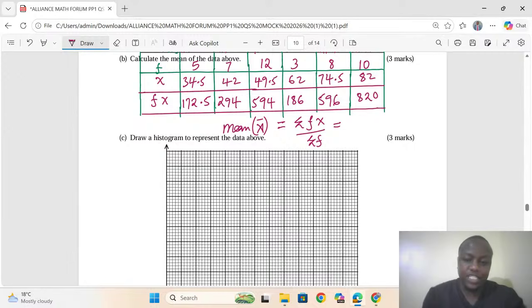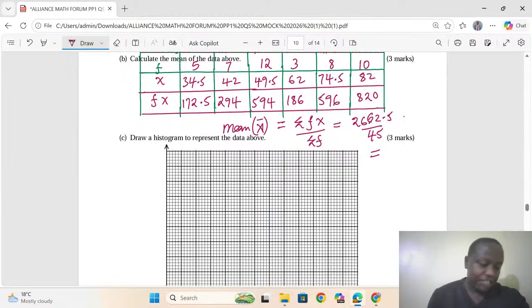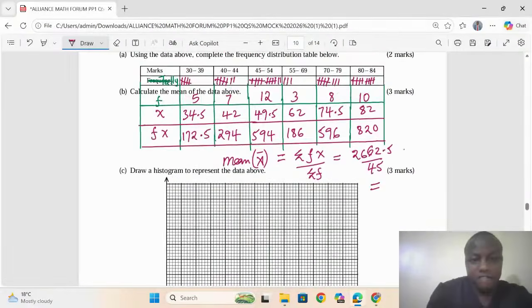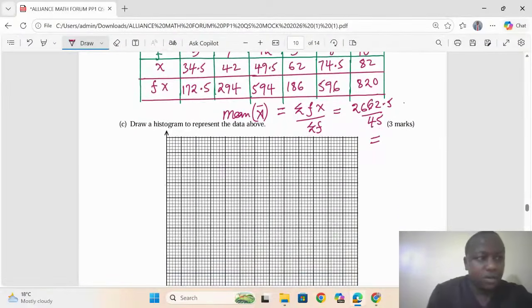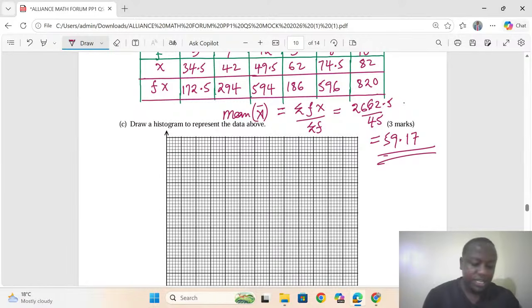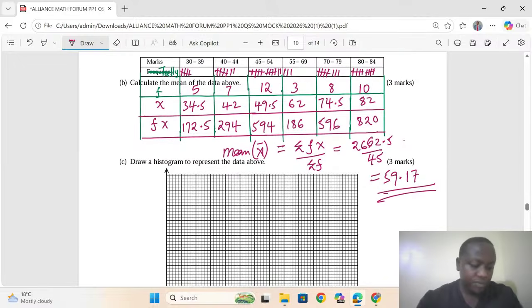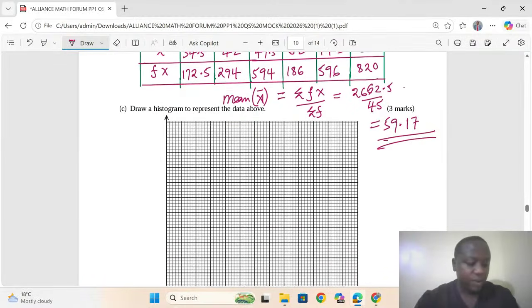I'm getting 2662.5. The total frequency is 45. So we divide this by 45 now. The mean shall be 59.17. That is our mean.